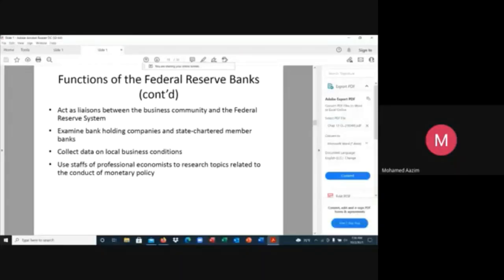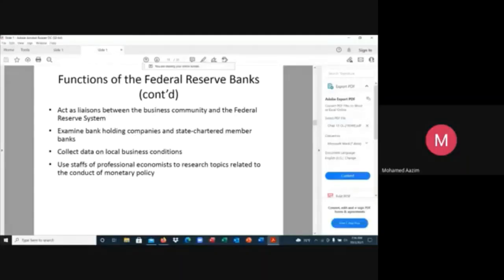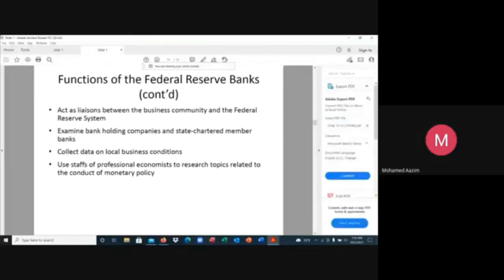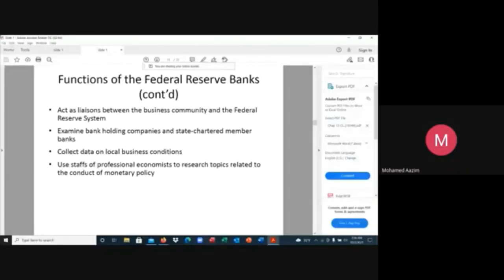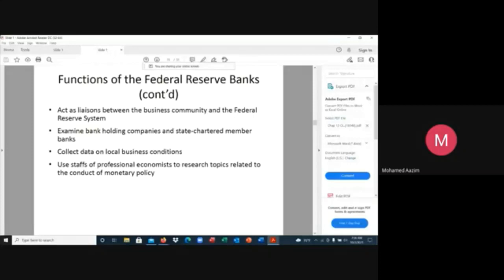For instance, if you look at Sri Lanka, Sri Lanka is now in the IMF, International Monetary Fund, data collection and information dissemination exercise, SDDS country, Special Data Dissemination Standard country, right?